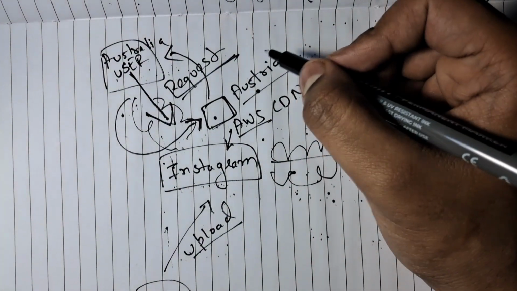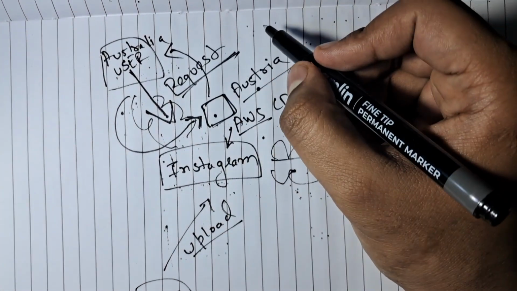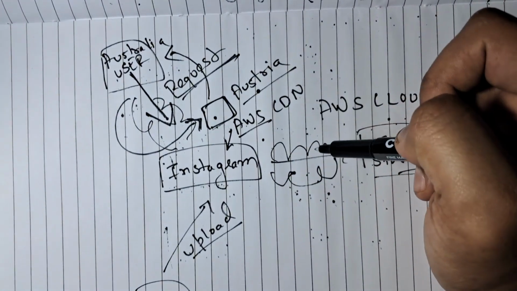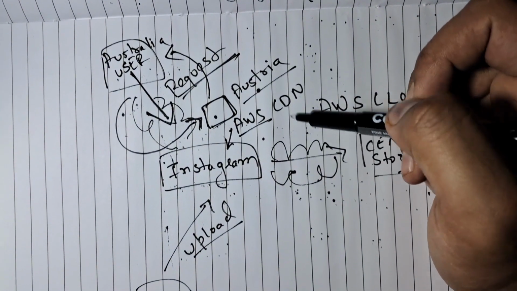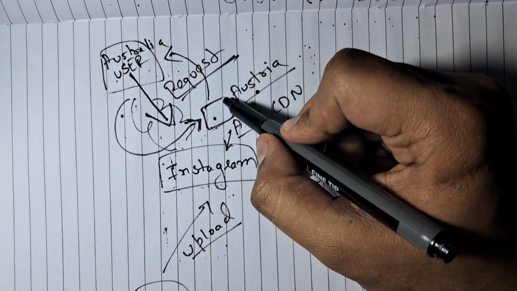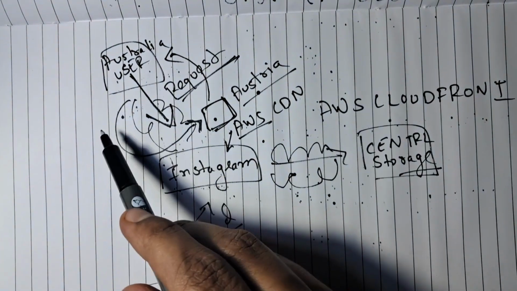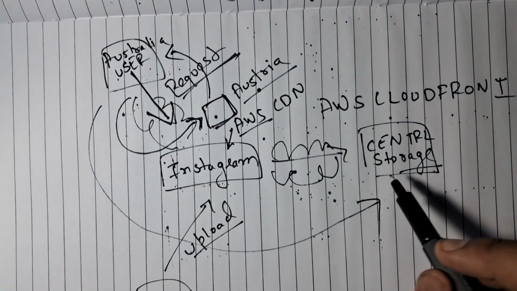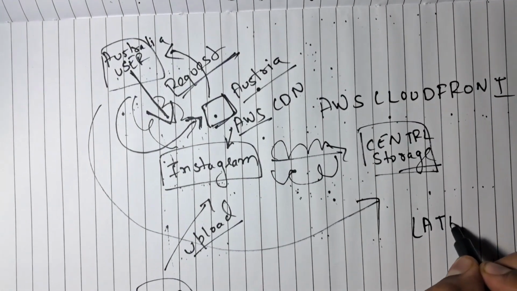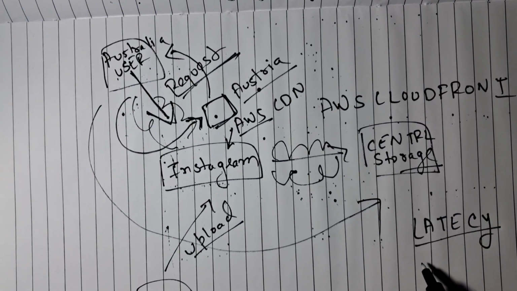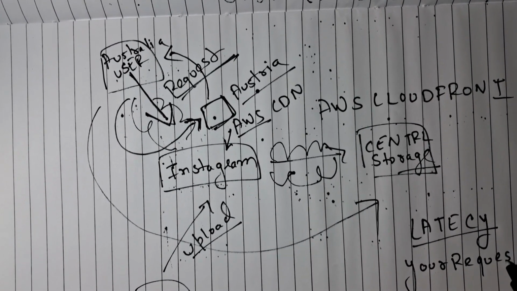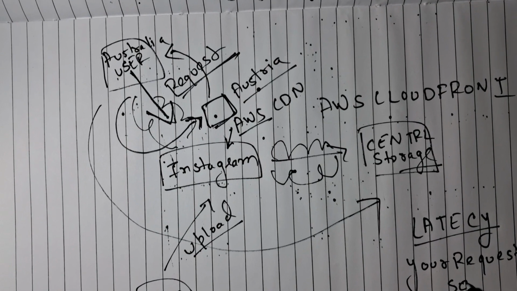So this will save the user's time. It will get the image faster from its edge location, rather than going to the America region and getting that request. So now the latency will be decreased in this case, and your request will be served fast.